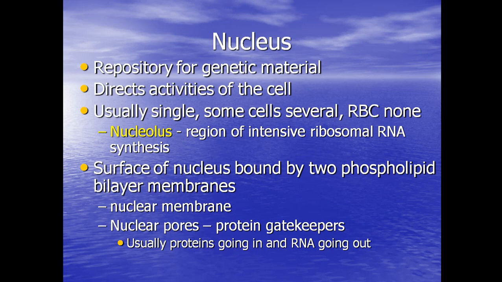If you take the cells, the majority of the cells have a single nucleus, what we call uninucleate. But there are some where you can see more than one nucleus. Probably a good example of a cell having more than one nucleus is the paramecium.